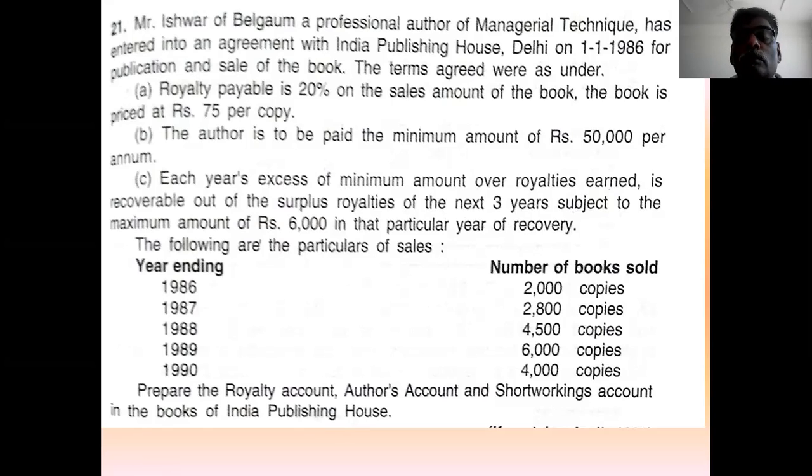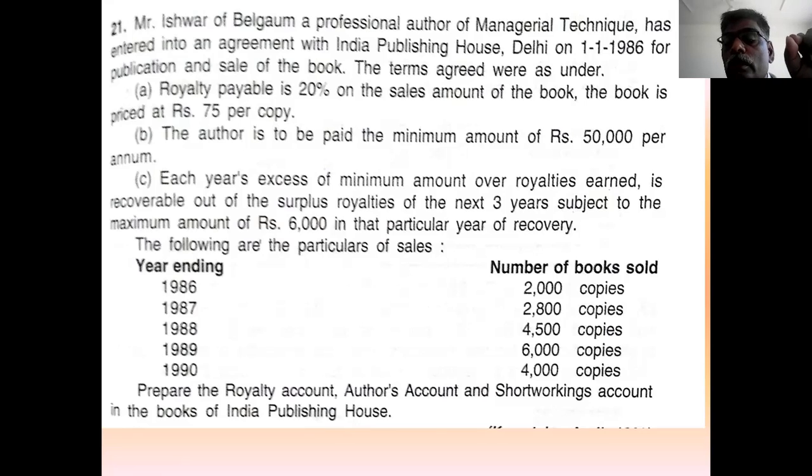But subject to a maximum of rupees 6,000 in a particular year of recovery. There is another condition. You are permitted to recover the short working in the next 3 years, but the recovery should not be more than 6,000 per annum.